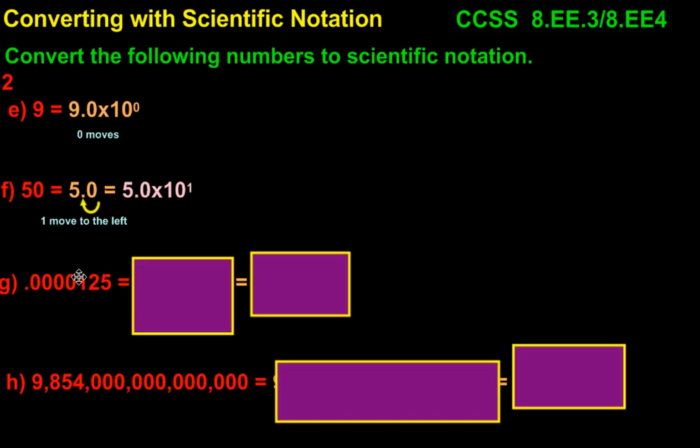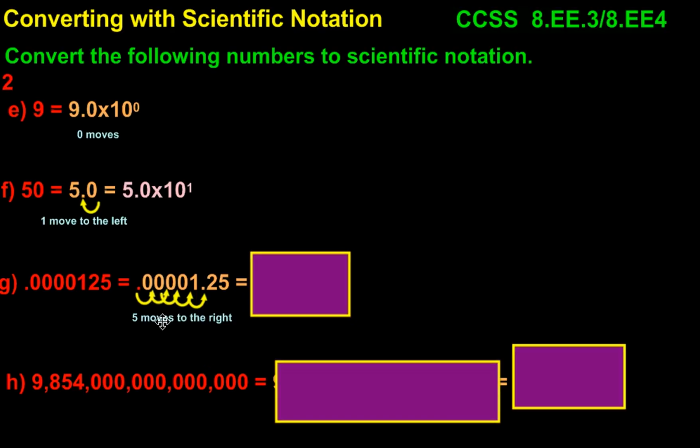The first non-zero digit here is 1. We want to get the decimal right after the 1. In doing so, it's going to take 5 moves. So we have 1.25 times 10. In this case, we move to the right, so it's going to be a negative 5. 1.25 times 10 to the negative 5.